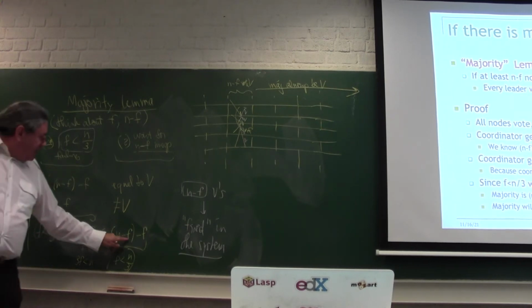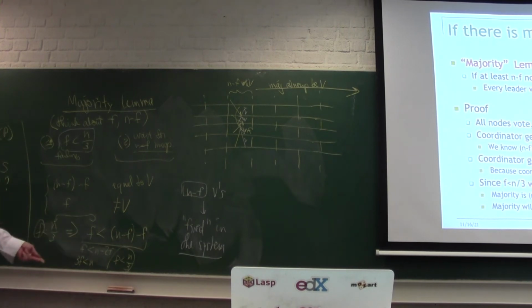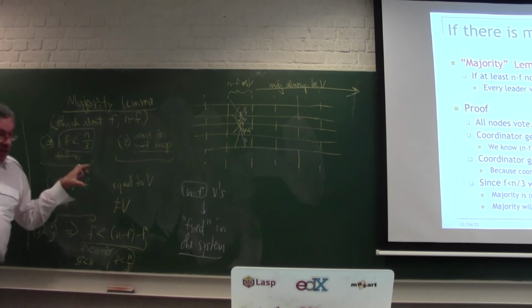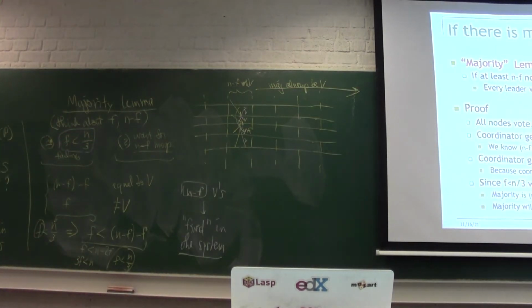So the n minus f, where you have to subtract f because of the failures, and on the other side you might have f that are different. Okay. So this is the key thing. This is something you have to understand. The intuition is, if f is small enough, then a majority of n minus f will be big enough that even if you have failures, it will not go away.